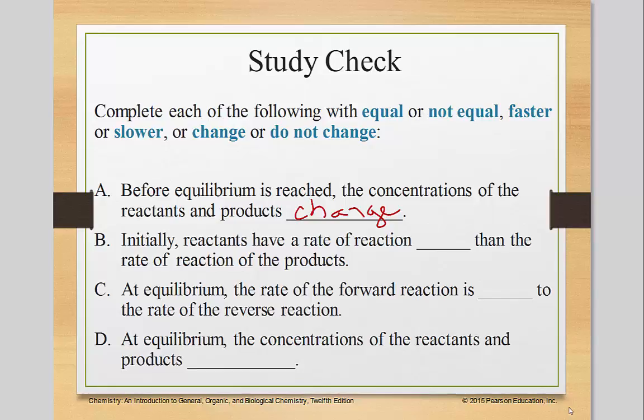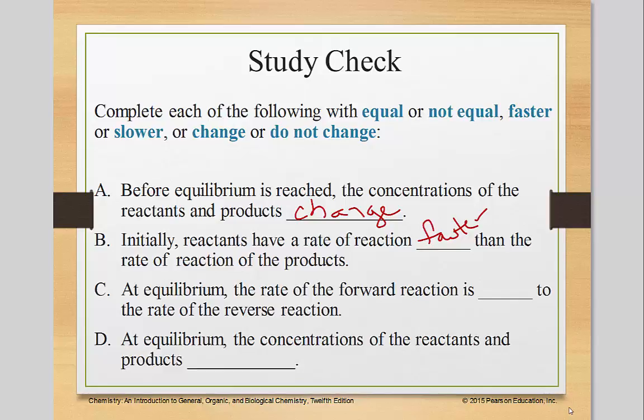Initially, the rate of the reaction of the reactants is faster than the rate of the reaction of the products. So the reactants are reacting more quickly than those switching back.